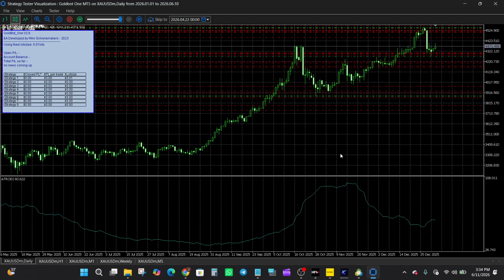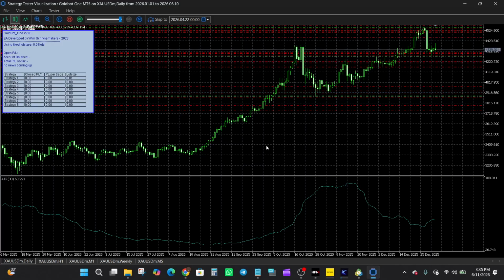Results can vary significantly depending on broker execution, spreads, slippage, risk settings, and optimization choices. Even with long-term testing, real market conditions can still produce different outcomes. I would always recommend running your own extended testing across different gold market cycles to get a clearer understanding of how the EA behaves under varying conditions before considering any live application.